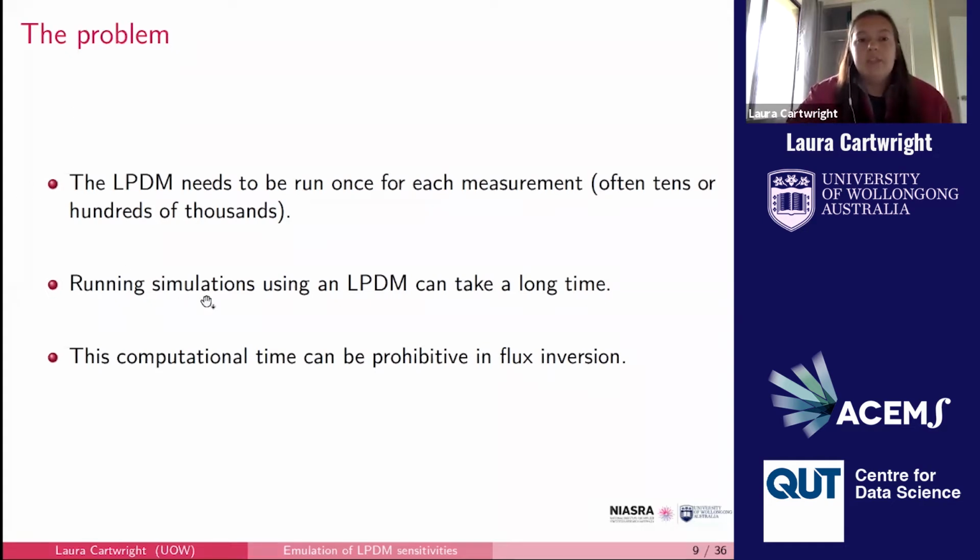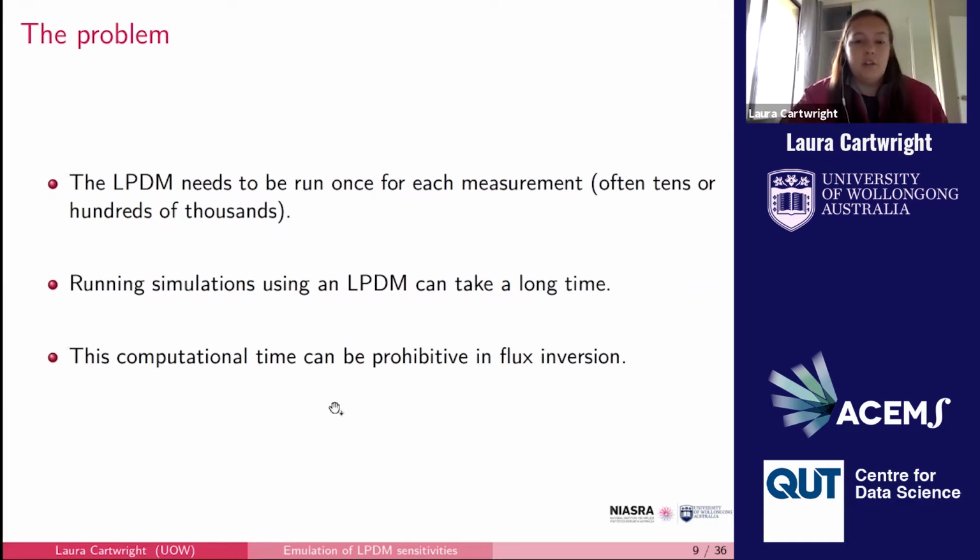Running these simulations using an LPDM can take quite a long time. Depending on the resolution you set and some other simulation parameters, one run can take between 10 minutes and 2 hours. So if you're doing even 10,000 measurements, you need to do 10,000 runs. If they take 2 hours each, it's going to take you forever.